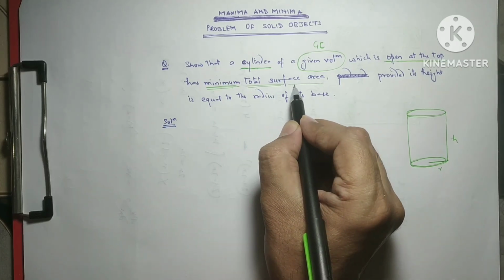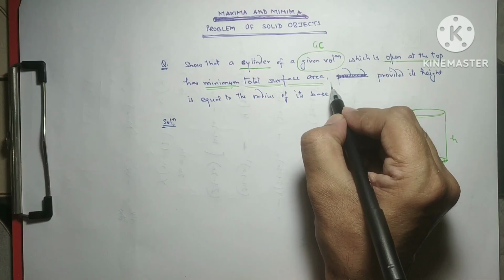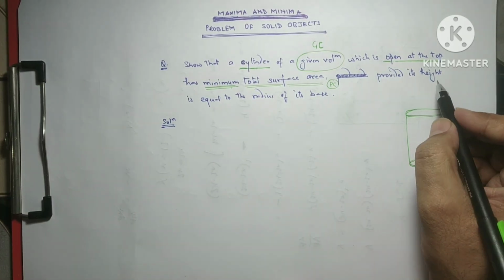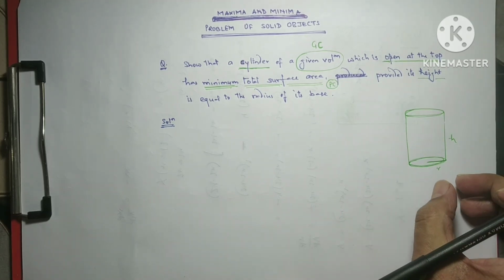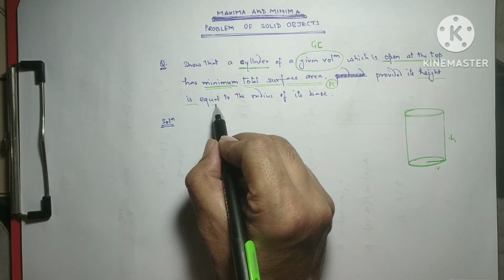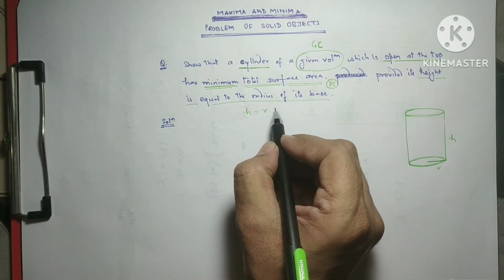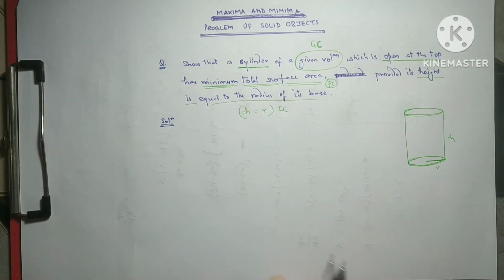So this is the proving condition, that should be minimum, and the intermediate condition is the height of the cylinder equal to the radius. So we want to prove this, h equals r. So it is the intermediate condition.